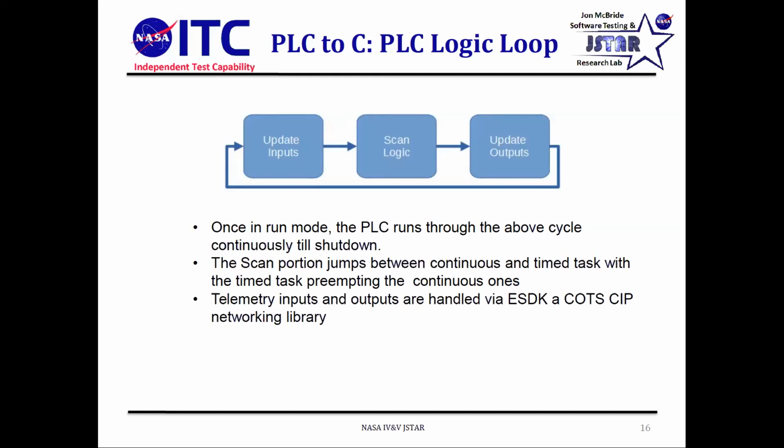Then they update the outputs, and then it just starts all over again until it is shut down or put into sleep mode. So all of our telemetry inputs and outputs are handled via ESDK, a CODIS SIP networking library. Okay, next slide.